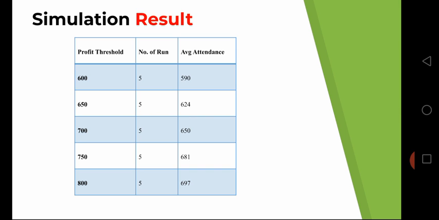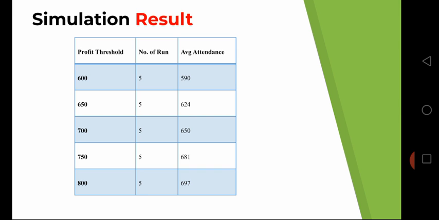Okay, so for the profit threshold of 600, we ran the simulation 5 times, and the average attendance for the business operator to generate the profit of around 600 is around 590.